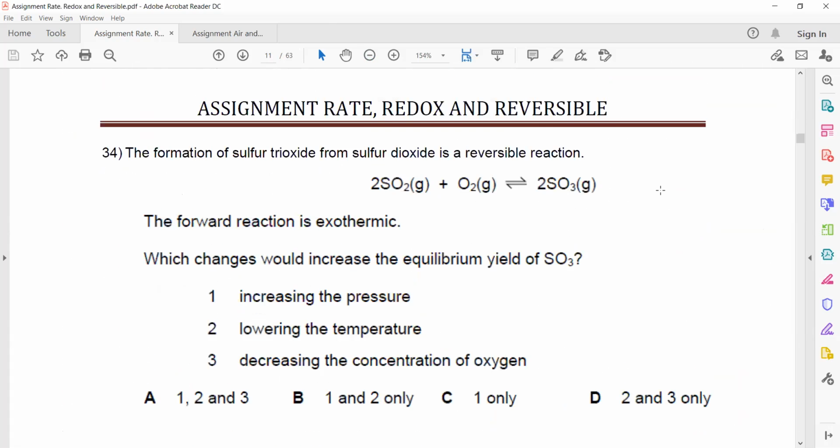Question 34. The forward reaction is exothermic. Reactants have high energy, product will have low energy.